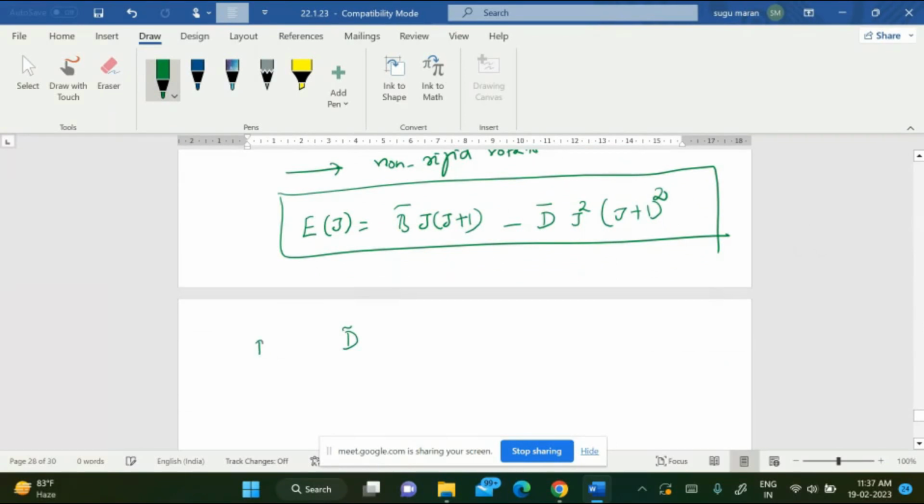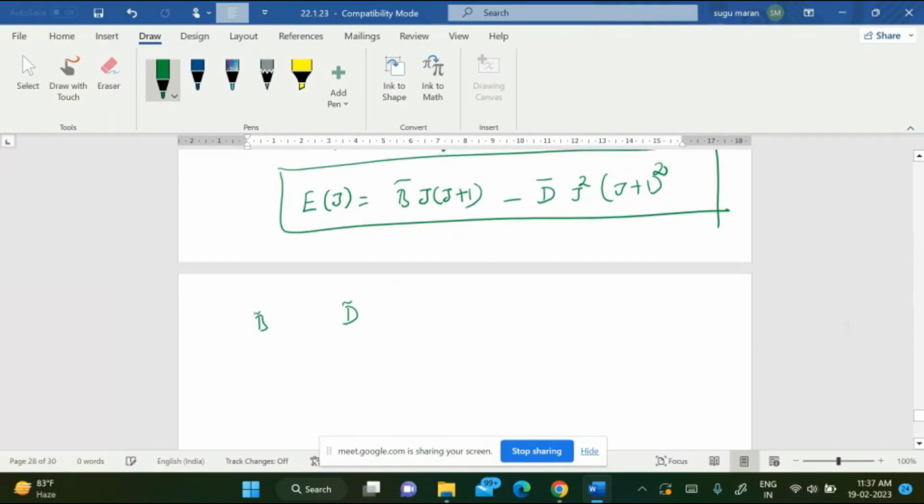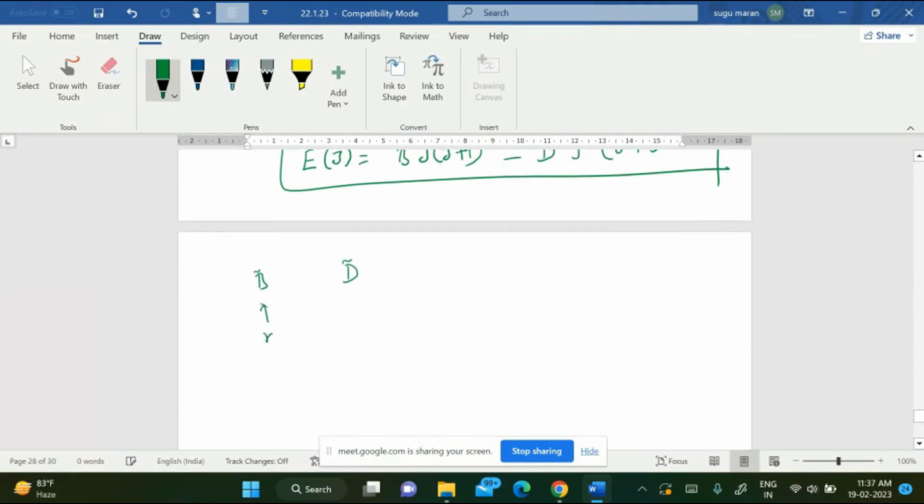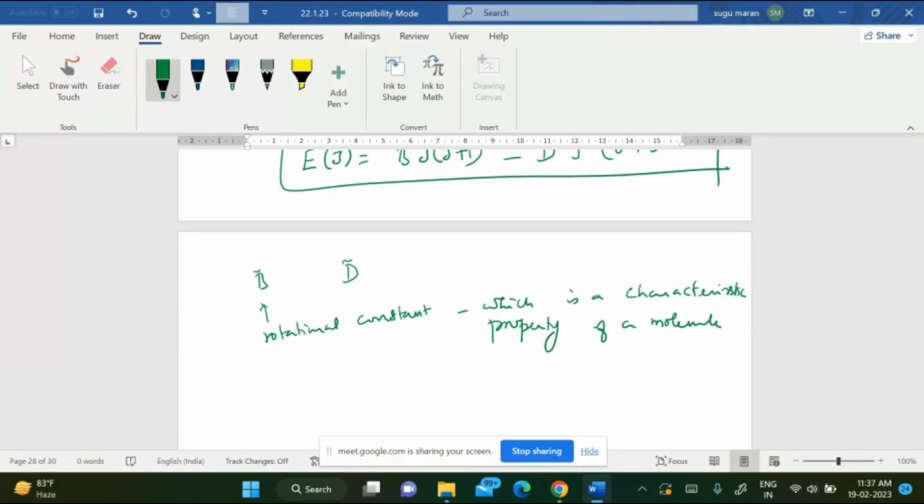You know what B bar is for any molecule? It is the rotational constant, which is a characteristic property of a molecule. Any rotating molecule will be associated with a constant called the rotational constant.